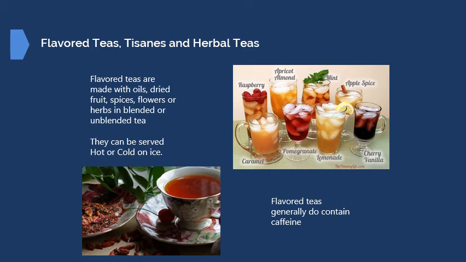They can be served hot or cold. And typically, flavored teas don't contain much caffeine because while they do contain the tea, they typically are diluted with the fruit juices or the different spices, what have you, to the point where the caffeine is almost negligible.